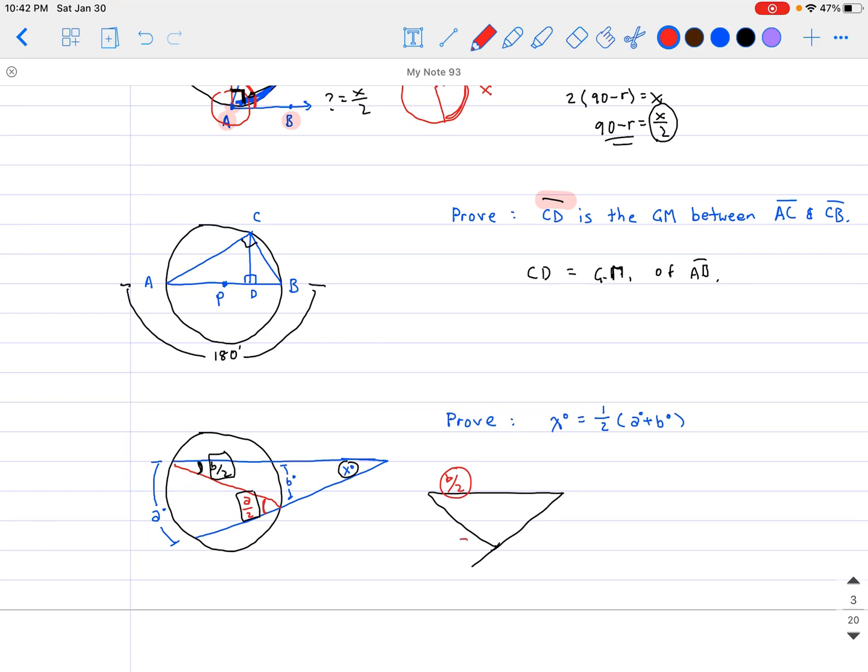And then this guy over here is supposed to be A over 2, and this guy is supposed to be X. I do believe that we have an exterior angle theorem that we can work off of, which says that A over 2, the exterior angle, is equal to the sum of its remote interior angles. So that means it's equal to B over 2 plus X, okay? And so finally, we can move one over to the other side. So that means that A over 2 minus B over 2 is equal to X.